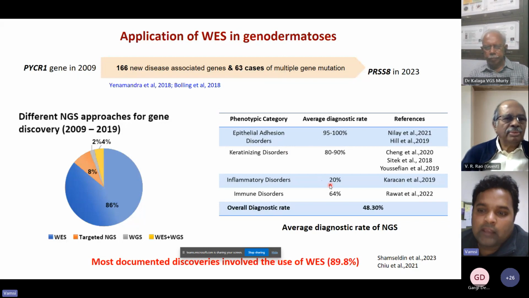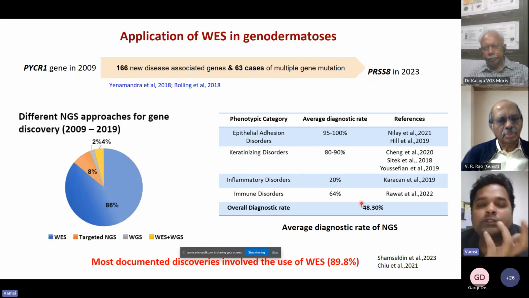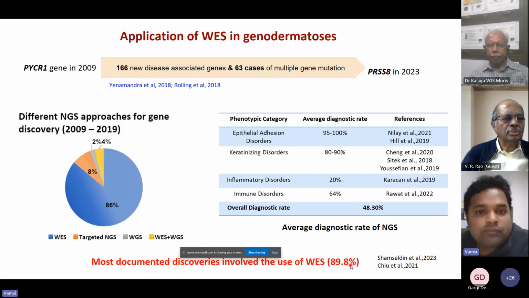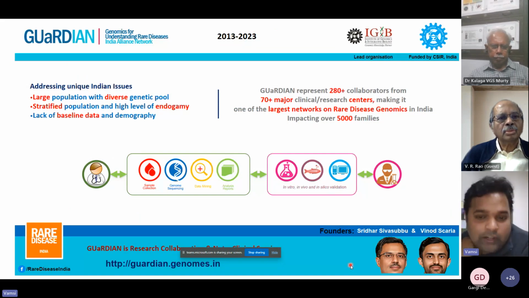So if you take the overall spectrum of genodermatoses, it falls down to around 48%, primarily because of the lack of multiple studies characterizing them. But most studies have documented the use of whole exome sequencing. At that point in time, in 2013, as Professor V.R. Rao has introduced already, Sridhar Sivasubbu and Vinod Scaria are an amazing team at IGIB who came up with this program called GUARDIAN.